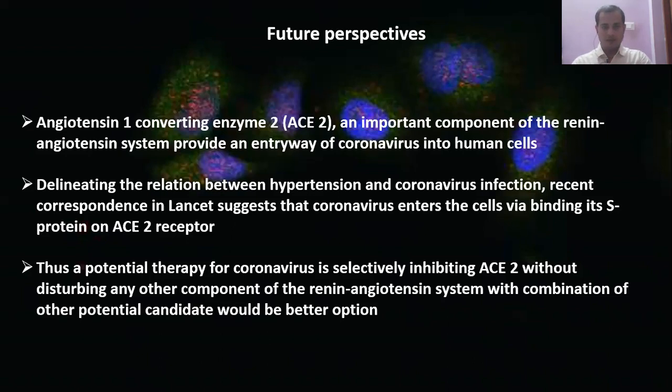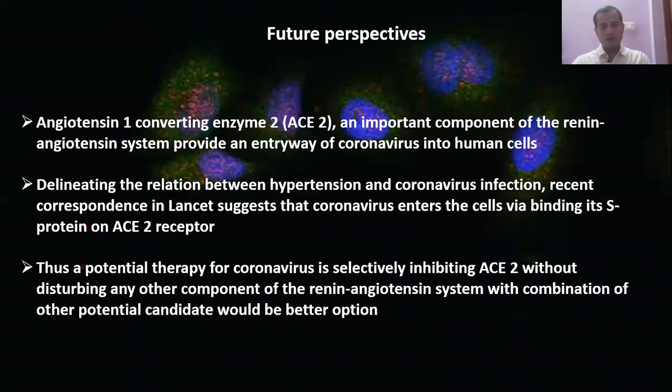But as of now, what I heard or read is that there is no specific ACE2 inhibitor available for clinical use. There is one which is not approved yet, which is very specific to ACE2, not the other ACEs.